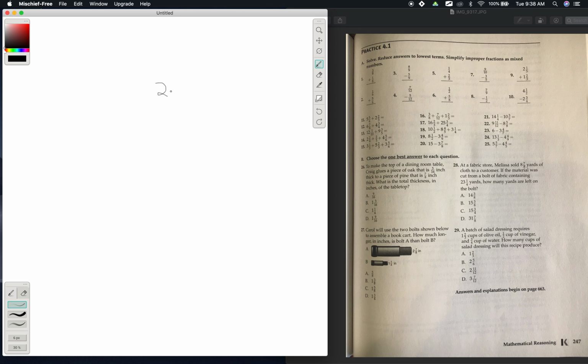So 23 1/4 is the original size, and we're subtracting what she sold, 8 7/8. I'll actually put a 2 there, but it's 23.